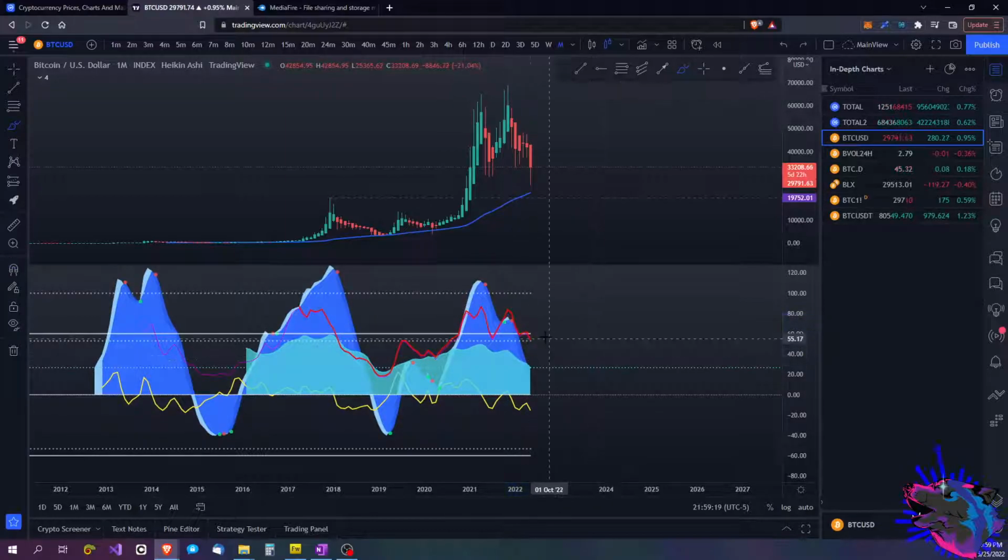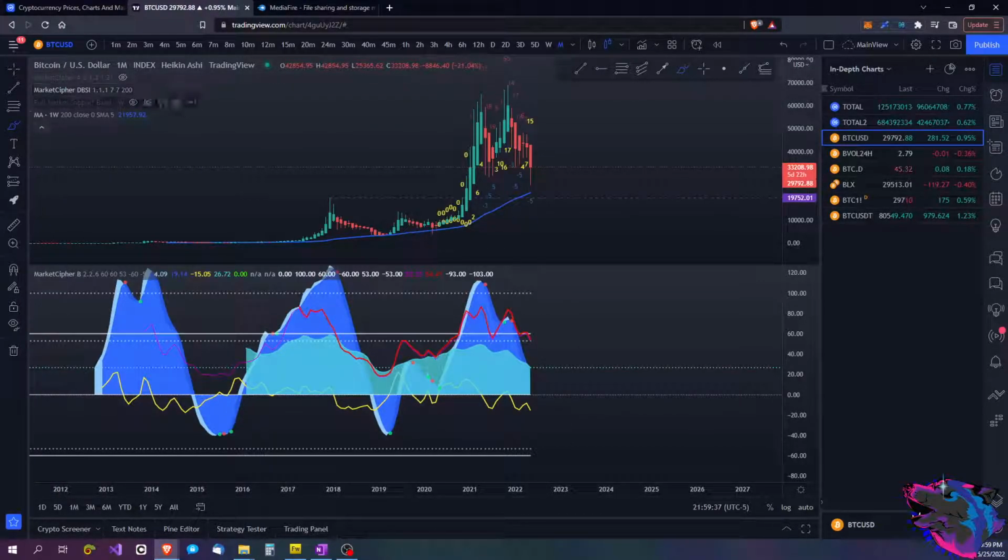But again, RSI is pointing down, momentum clipping a little bit but still basically heading down. VWAP still trending downward. So as far as monthly goes, it makes you think that maybe it's got a little bit more to go.